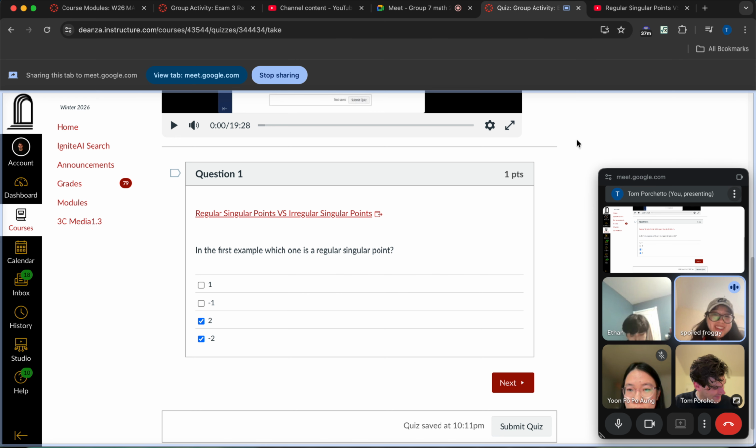So the differential equation is (x squared minus 4) squared times y'' plus 3(x minus 2) times y' plus 5y is equal to 0.